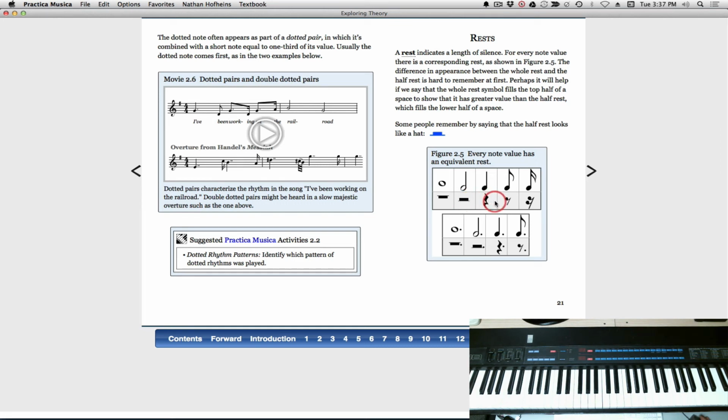And here's a quarter rest, an eighth rest, and a sixteenth rest. The whole rest kind of hangs off the staff. The half rest sits on top of the staff. The quarter rest, I'll show you how to draw that. Looks like that. And the eighth rest and the sixteenth rest. And then you can add dots to the rest too.